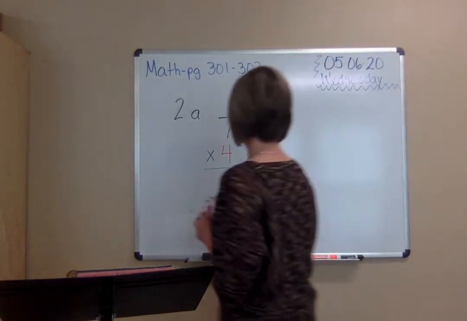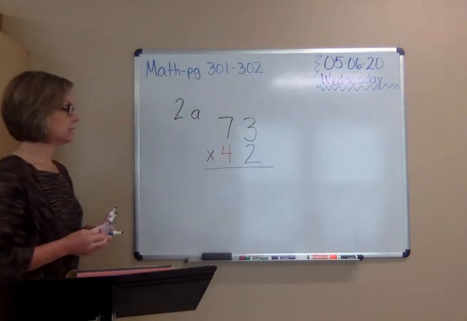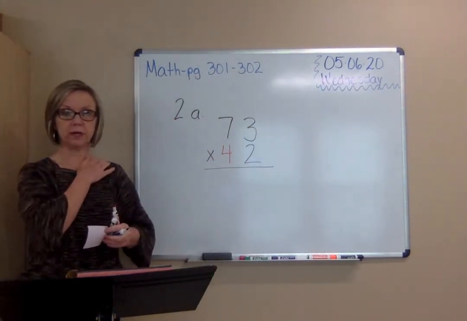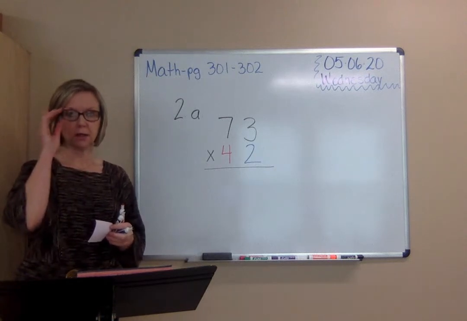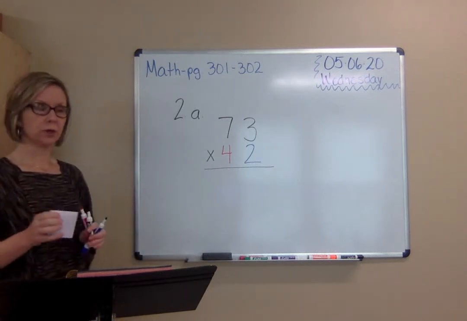Okay, so let's go ahead and look. 2A is 73 times 42. If you want to pause the video and continue to work, that's fine with me. And then we'll go through it together, however you want to do that.